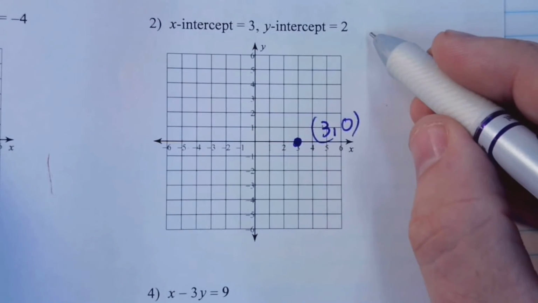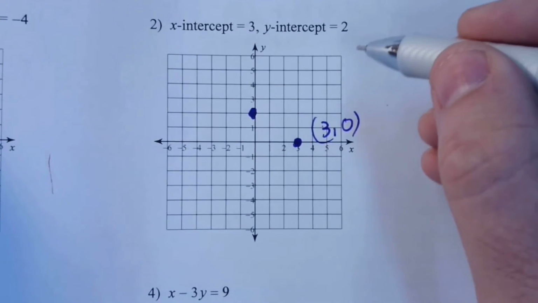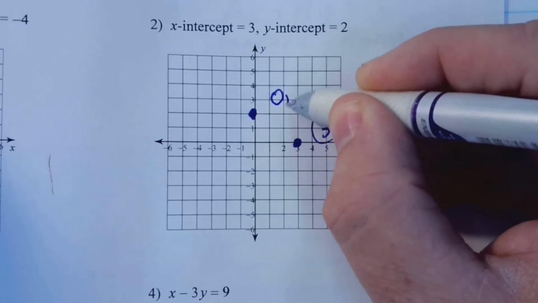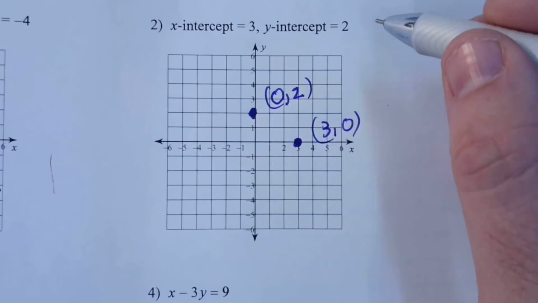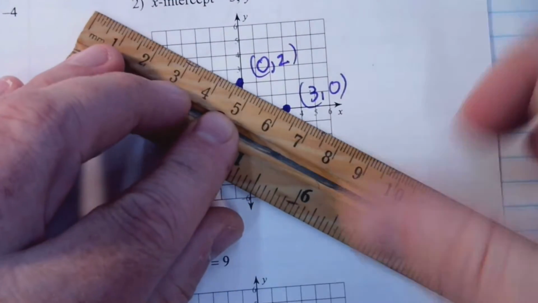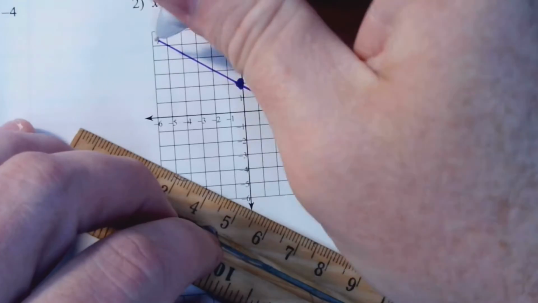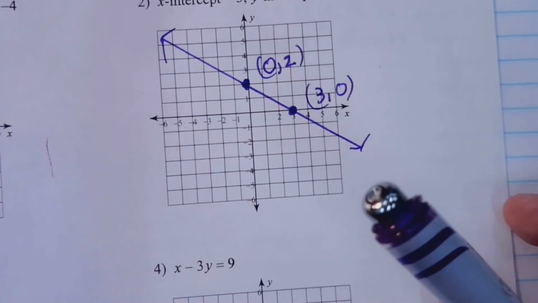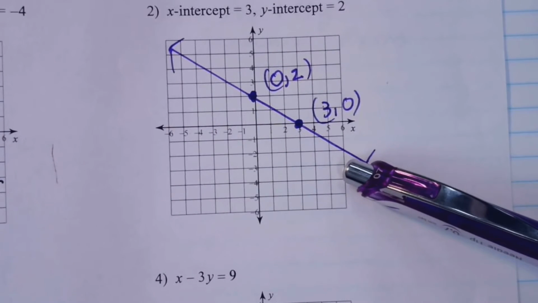The y-intercept is 2, and this is going to be 0, 2. And that's it.